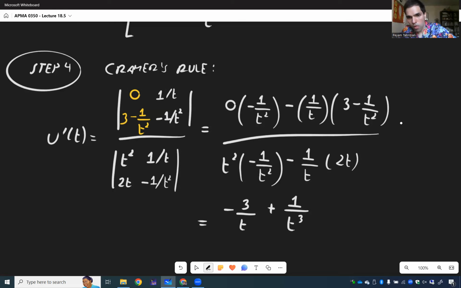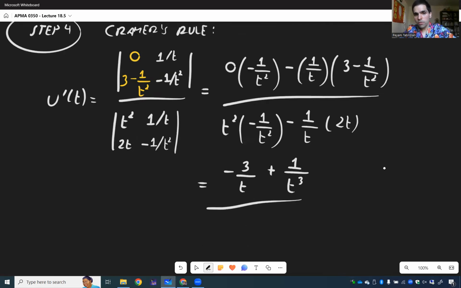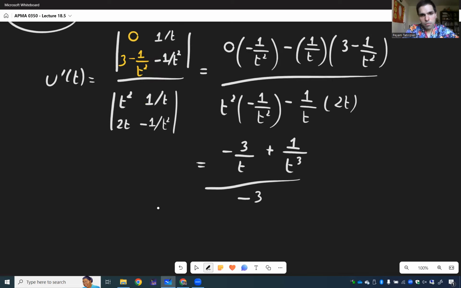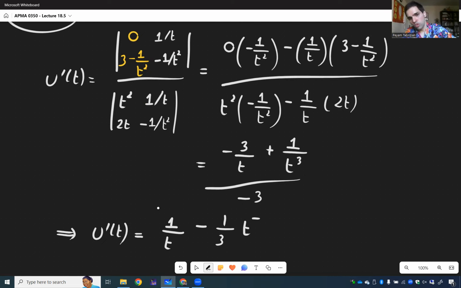Yeah. And then divided by minus 1 minus 2, so this becomes minus 3. So in particular, u prime becomes 1 over t, and then minus 1/3 t to the minus 3, if you wish.